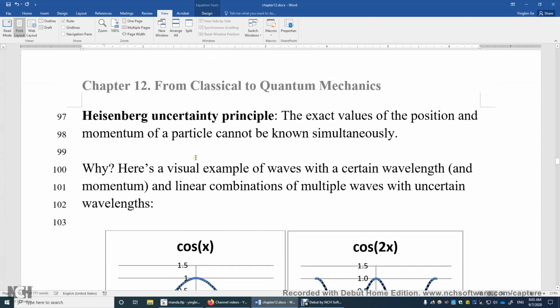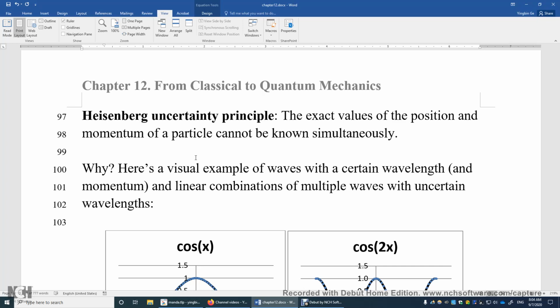Now again, let's look at the statement. Particles exhibit wave-like behavior. And this is related to the Heisenberg uncertainty principle. The exact values of the position and momentum of a particle cannot be known simultaneously. And why is that? Well, if you think of a wave with a certain wavelength, that means we will be able to have a certain momentum, right?